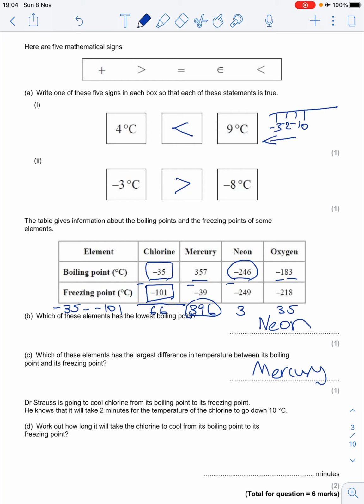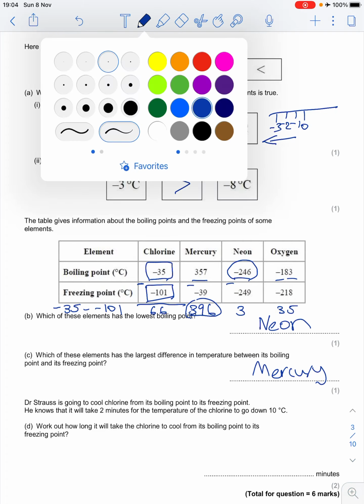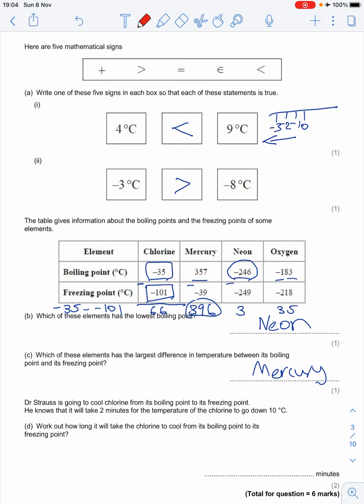A doctor is going to cool chlorine from its boiling point to its freezing point. So we're now looking at chlorine. He knows that it takes 2 minutes for the temperature of chlorine to go down 10 degrees Celsius.